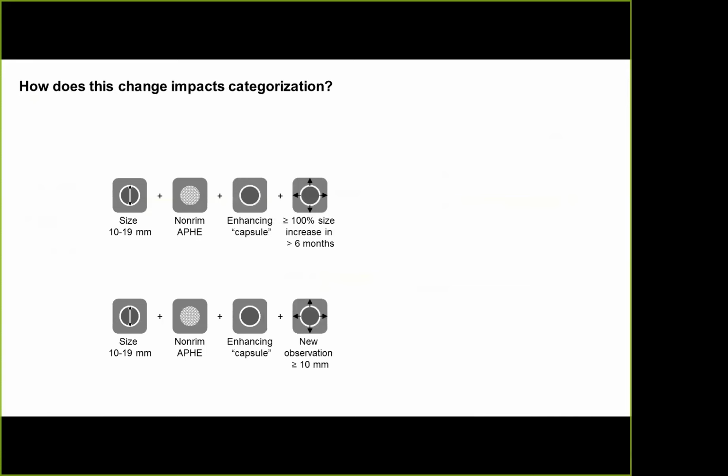But since we were releasing the new version anyway, it would make the LI-RADS 5 criteria much more straightforward, right? There are not going to be any more qualifiers of US or G, and the change in threshold growth criteria would now also be concordant with OPTN criteria.